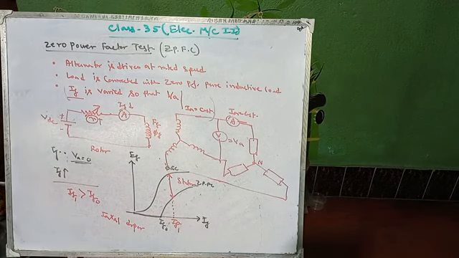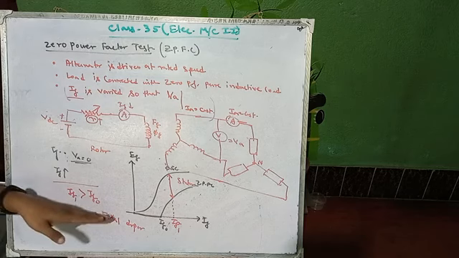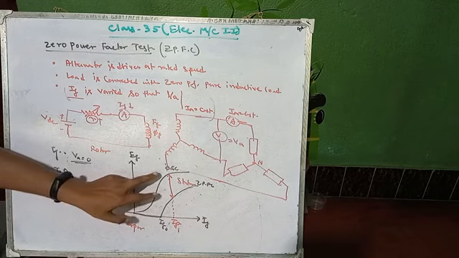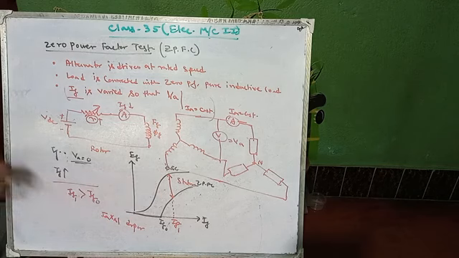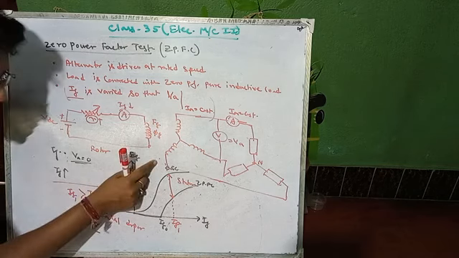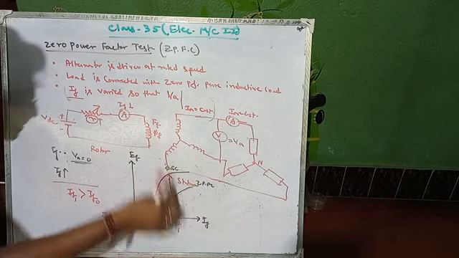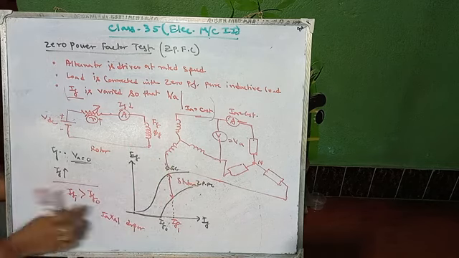Okay, this IaXaL drop is found by the difference between the two characteristics, that is open circuit characteristics and ZPFC characteristics, at a particular field current which is greater than IF naught.